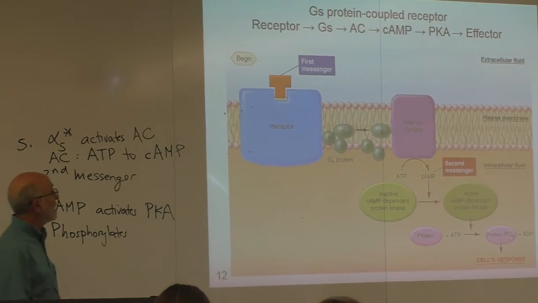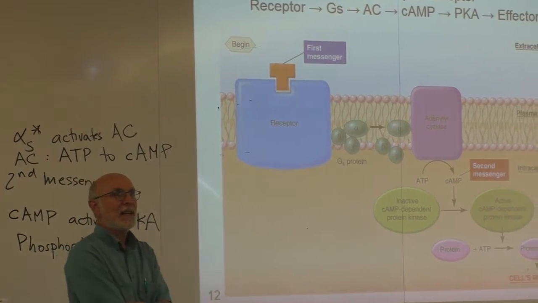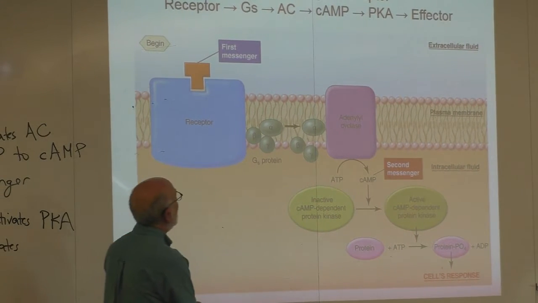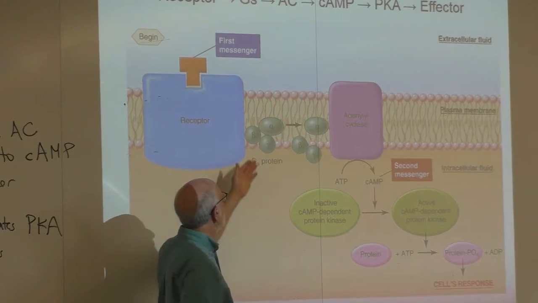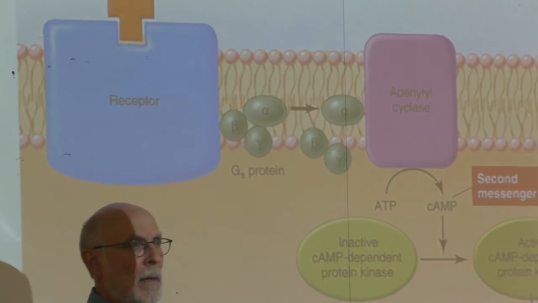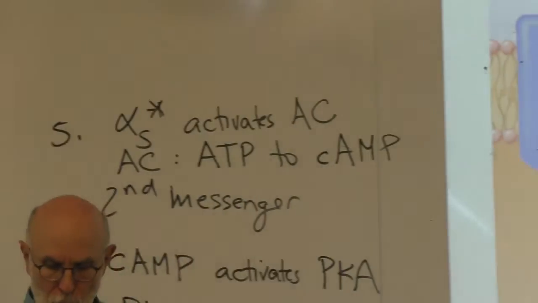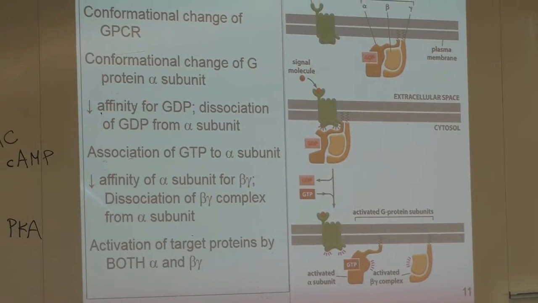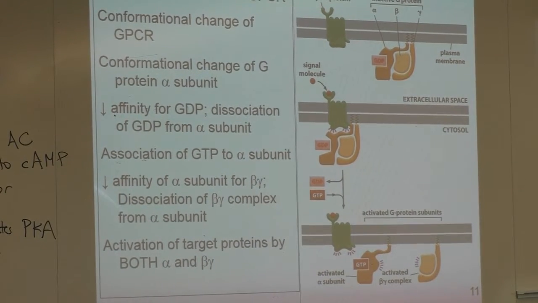This figure makes it look like the G protein is tiny. But it's accurate in some ways. It shows that the alpha and beta gamma subunits are associated with the membrane, and that's correct. Whereas this image shows that the alpha and beta gamma subunits are associated with the membrane through a lipid link, which is more accurate.